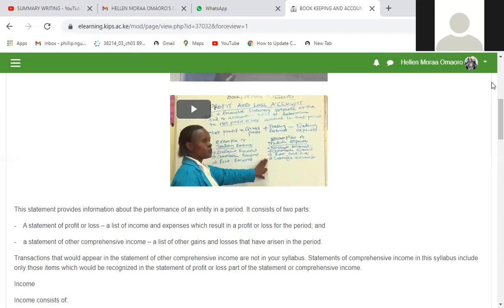So there are so many reasons why the business can return goods to the supplier. Those goods, we call them return outwards. So it is a decrease on purchases, and the carriage inwards is an increase in purchases.